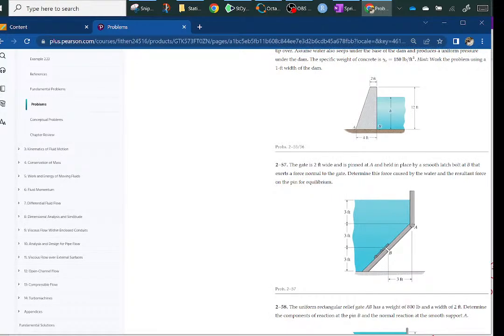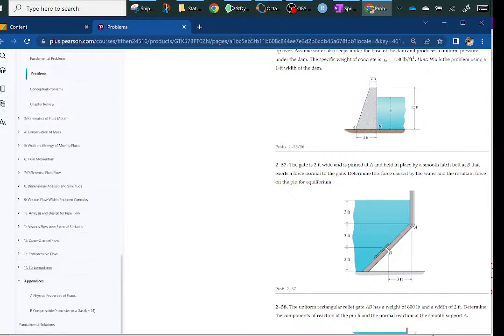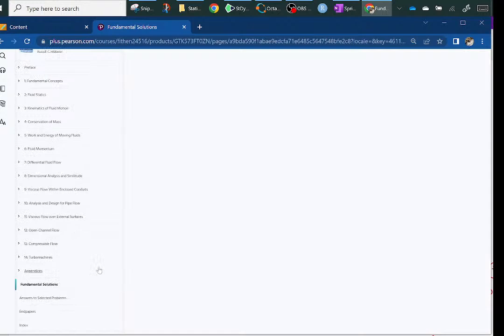They say appendices. Properties of fluid. Fundamental solutions? What the heck is that? Answers to selected problems. Which for some reason, maybe I just didn't have it down far enough.